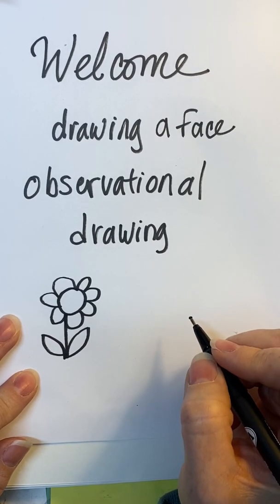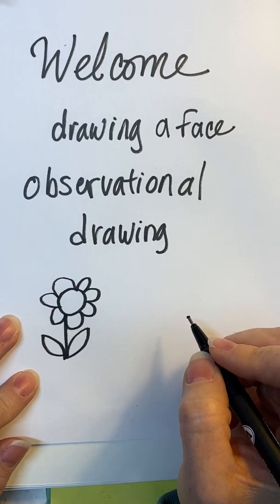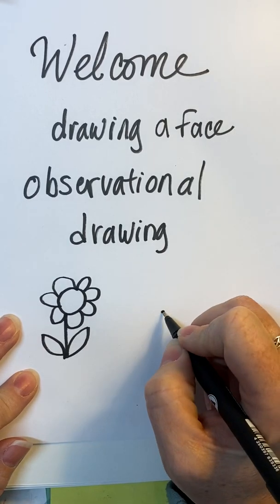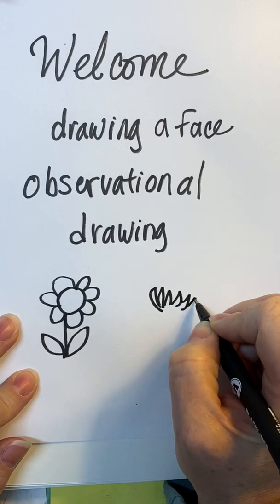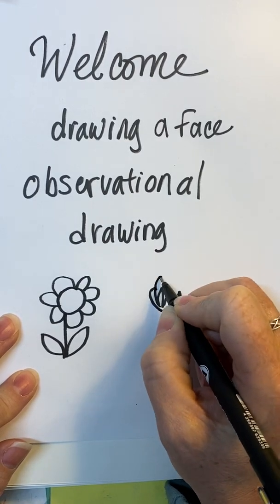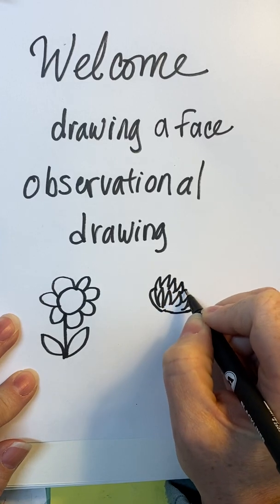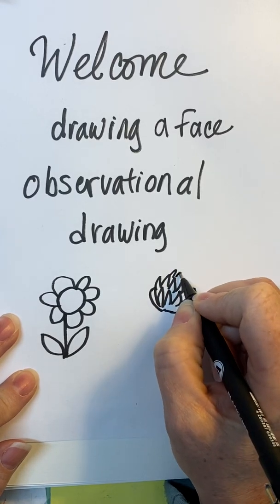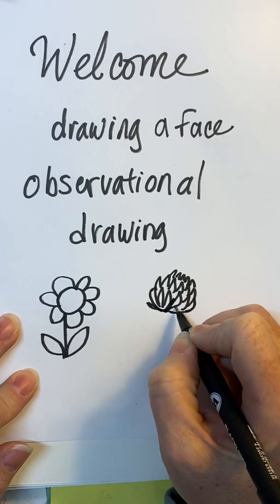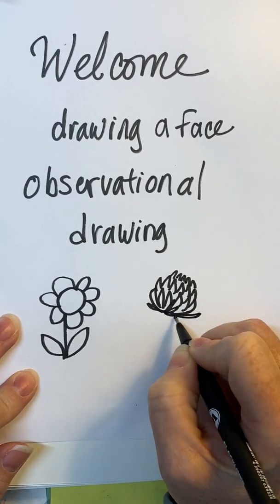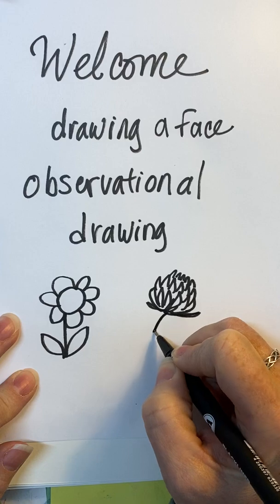Now, if I were making an observational drawing of a flower, I might have a picture of a flower I'm looking at right now, and it has layers and layers of petals, and they get smaller and smaller, and they overlap. And then it has some little leaves that stick out here.